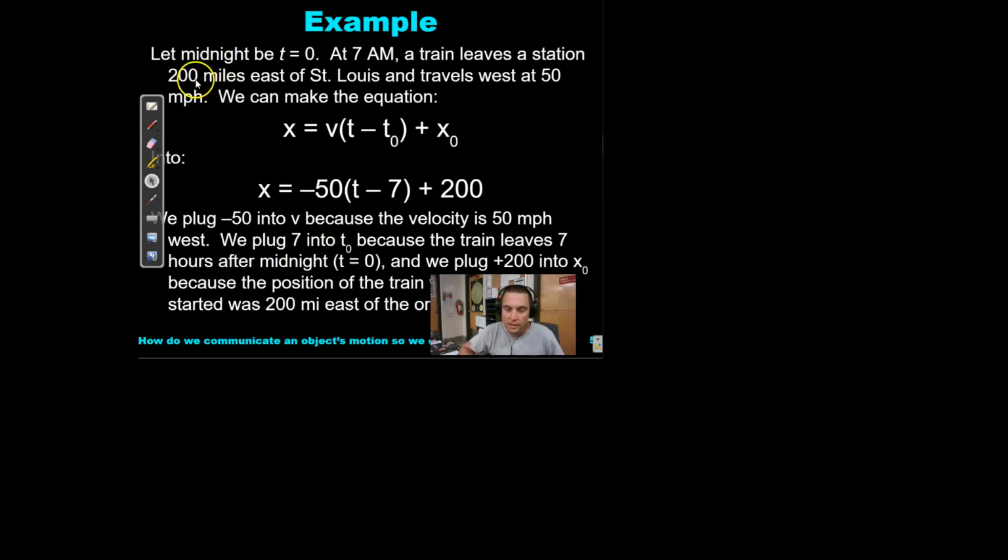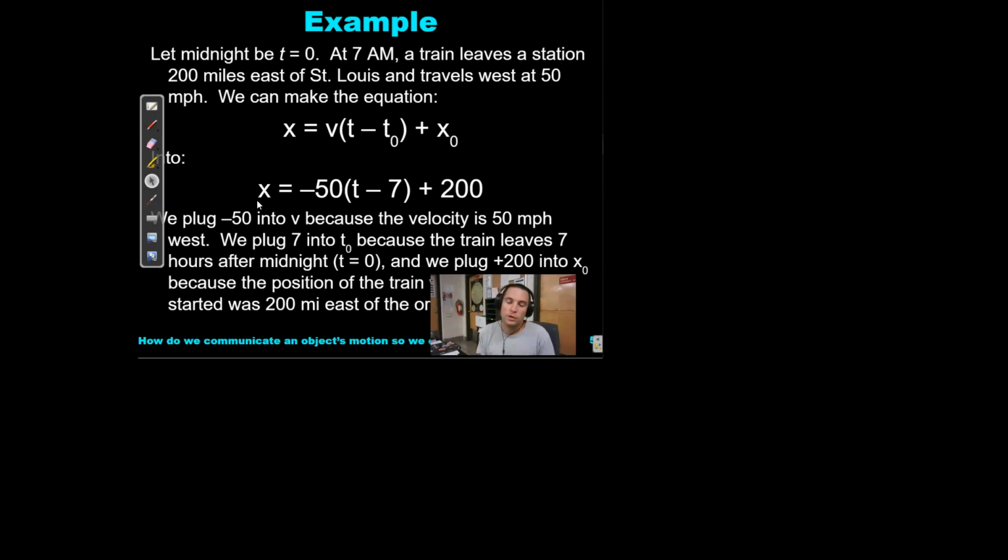So be careful there, because I can see you reading this and saying, oh, 200 miles east of St. Louis, that must be our final position. No, that's not what the question's saying. And this is what will trip up a lot of students working with physics problems, is not reading the question carefully. The train leaves the station 200 miles east of St. Louis and then travels west at 50 miles per hour.